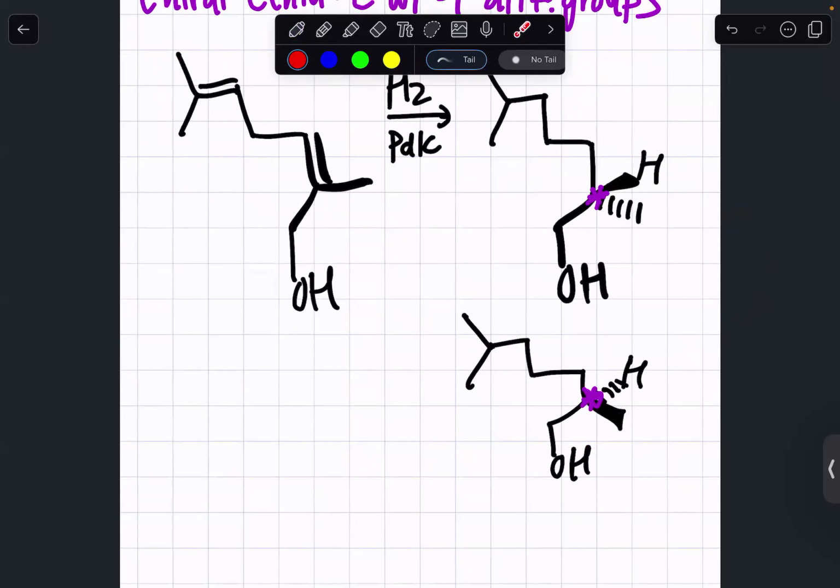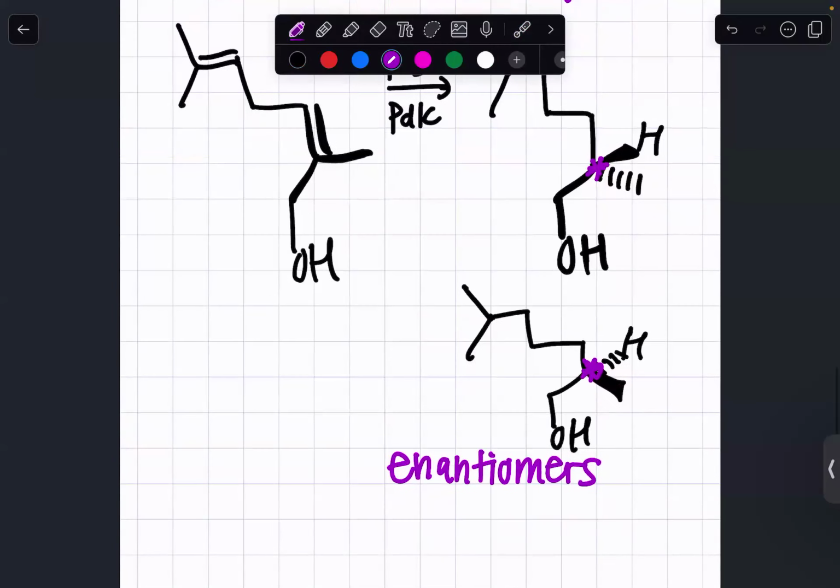Enantiomers. Yeah, enantiomers, that's right. If all of the chiral centers flip, they are enantiomers of each other. If some of them flip and some of them stay the same, they are diastereomers. Yeah, diastereomers. That's right, that's good.